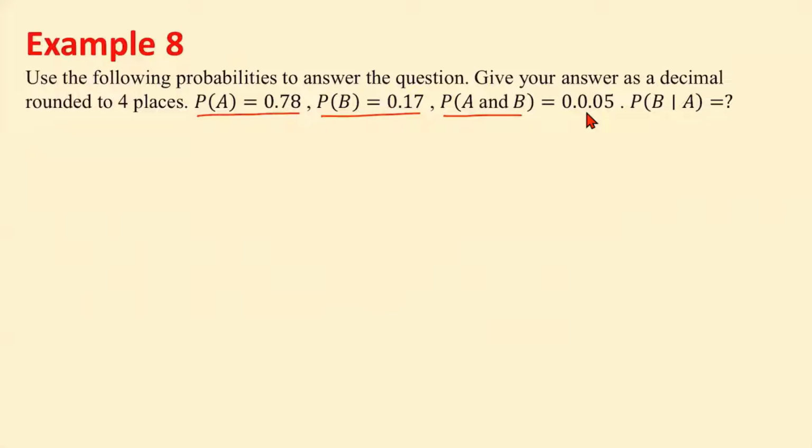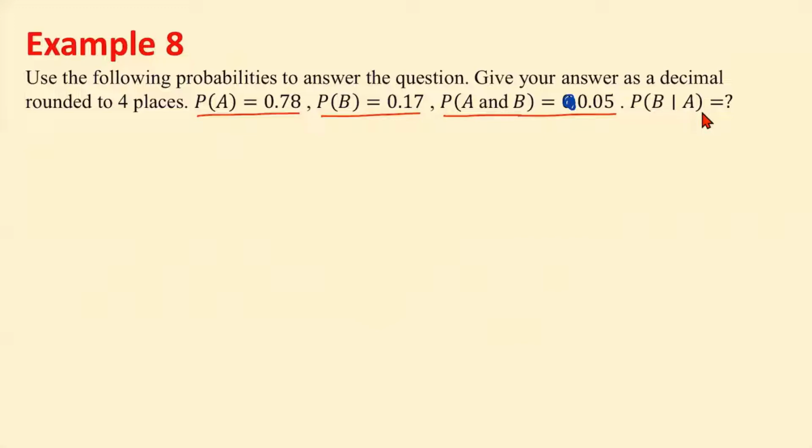One second, this should be 0.05, right? You can see it is 0.05, so ignore the earlier part. And finally, we are asked to find the probability of B given A. So that is the conditional probability.